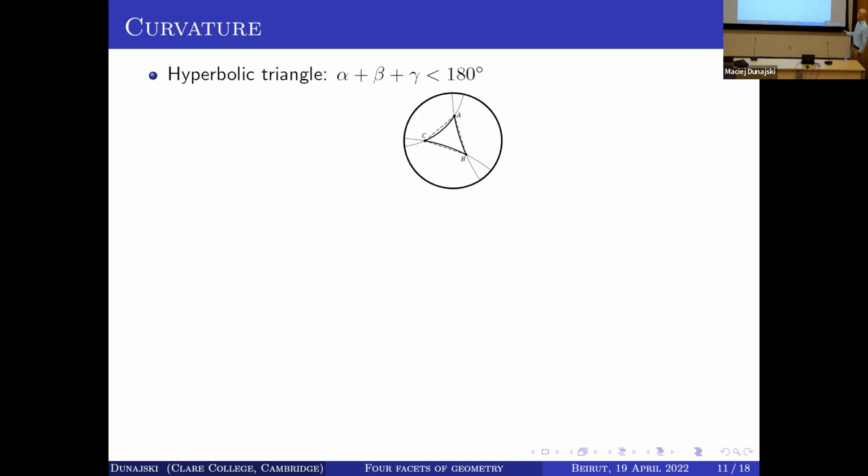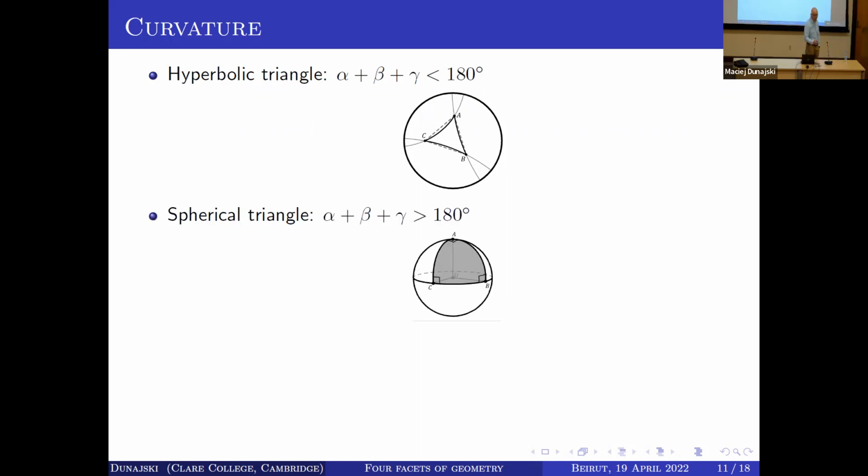In hyperbolic geometry, where a triangle means 3 points connected by hyperbolic lines, if you take the angles between the tangents to these lines at the points, you'll find that this sum is smaller than 180 degrees.